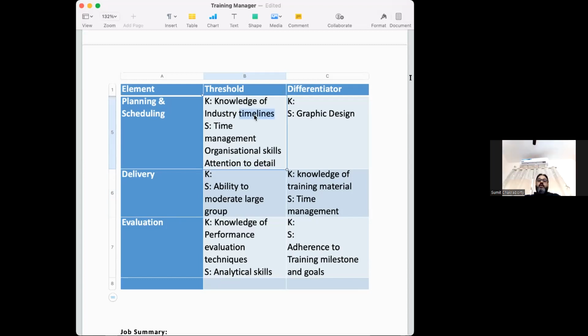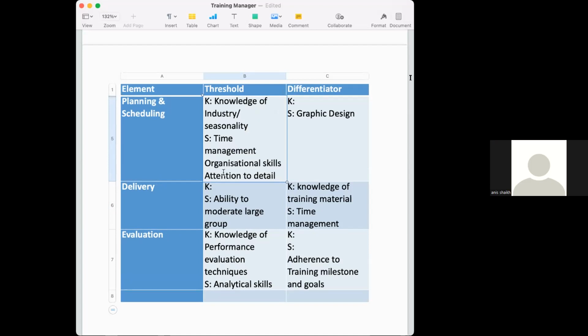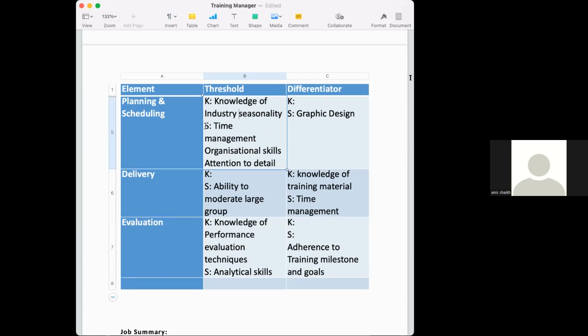Knowledge about the industrial working schedule. Knowledge about the industry, you can also write seasonality and all that. Seasonality, off season, peak season. Because every industry has seasonality to a certain extent. Now it's perfect. Correct. Absolutely.